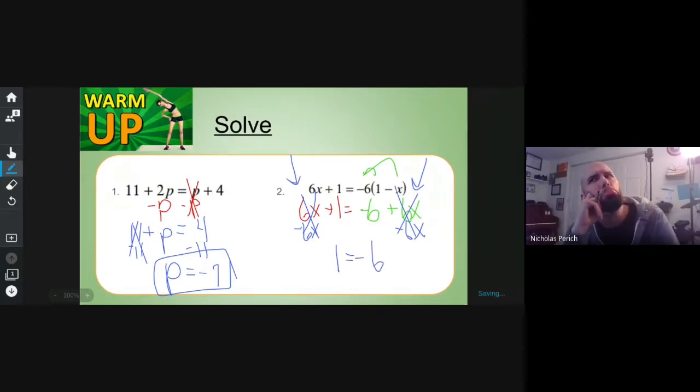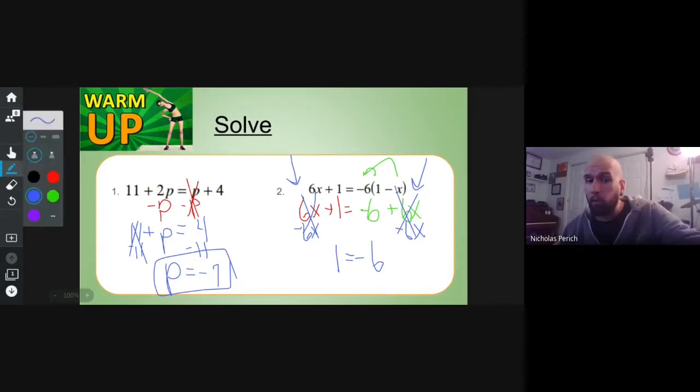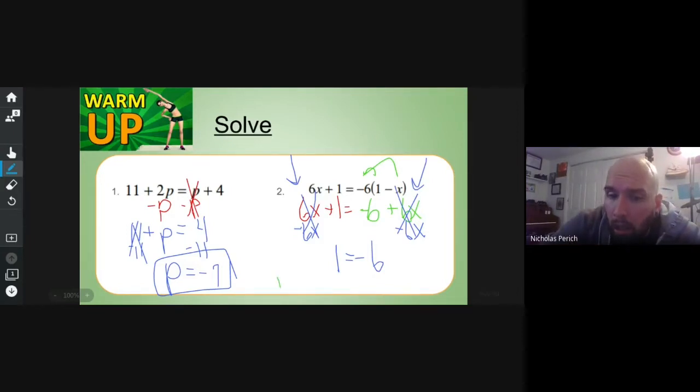Does 1 equal -6? No. So since my variables disappear, and it's not a true statement, it's going to be a no solution. If my variables disappear and I do get a true statement like 1 equals 1, then that's the opposite, which is infinite solutions.